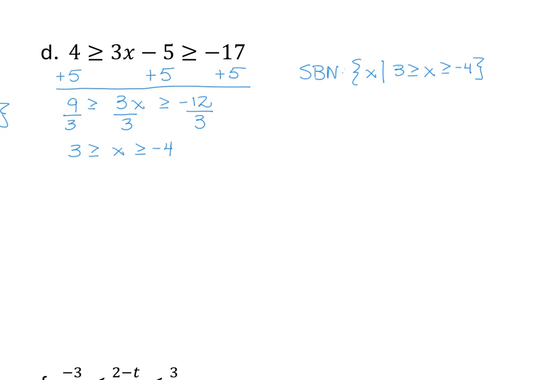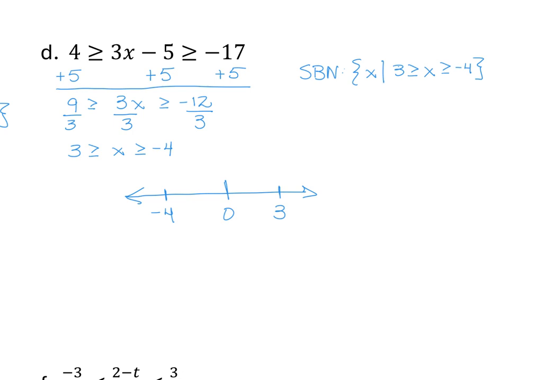And when we plot these numbers on the number line, what we actually have is, if we have 0 in the middle, 3 is on the right, it is not on the left, and -4 is on the left, it's not on the right.